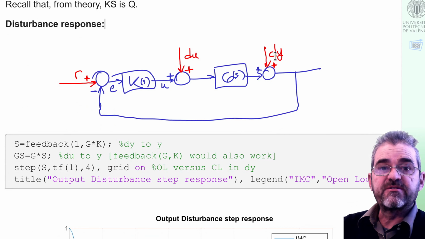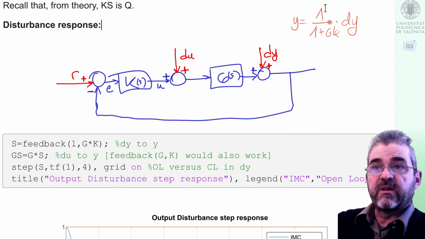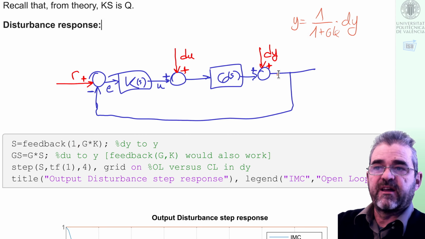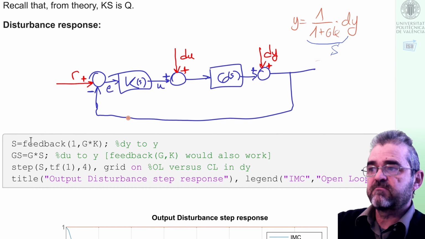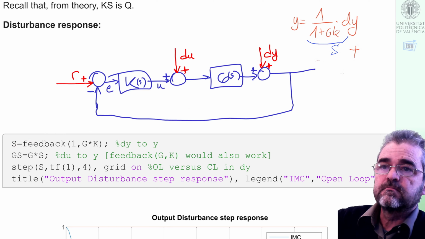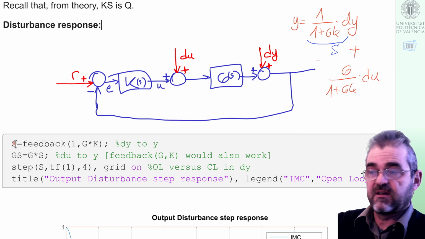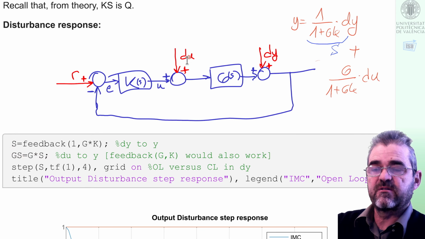If we consider output disturbance dy, then in this block diagram we can prove that this is the transfer function, and with the feedback command direct path 1, feedback path GK, we obtain this capital S, which is this sensitivity function, and also the transfer function from input disturbance to output is G over 1 plus GK, G times this capital S. So GS will tell me the behavior to input disturbances.